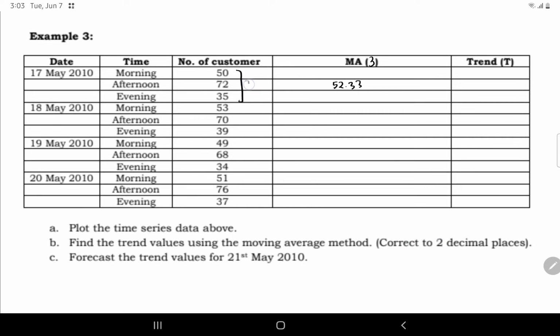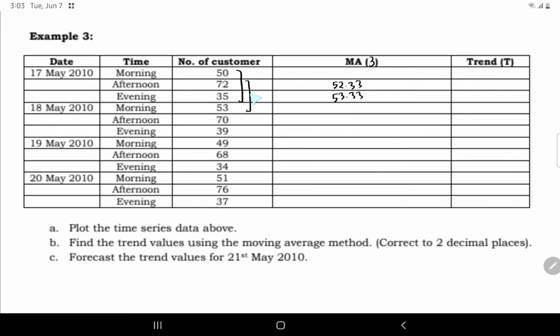And then kita ambil these 3 data pula. 72 plus 35 plus 53 divide by 3. And then kat sini kita akan dapat 53.33.